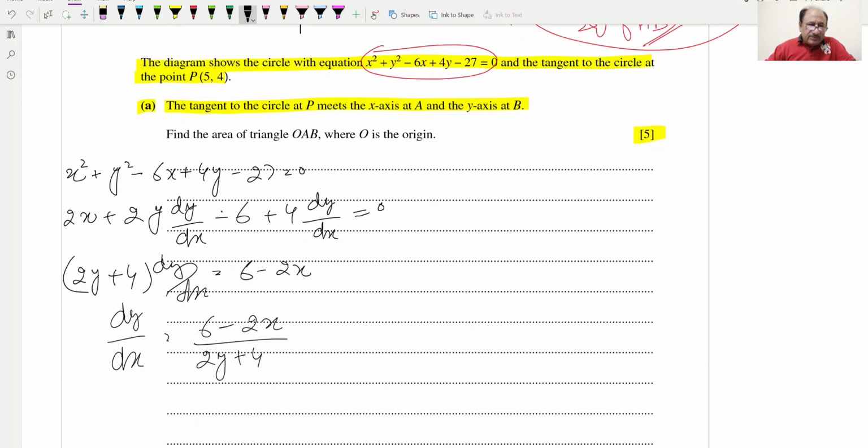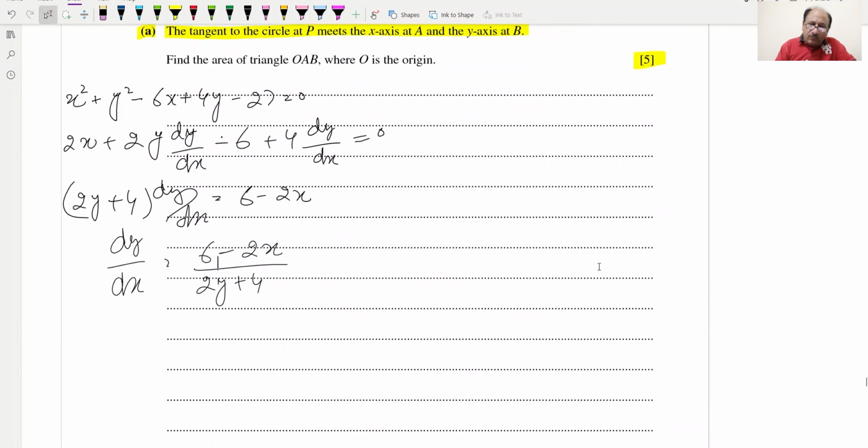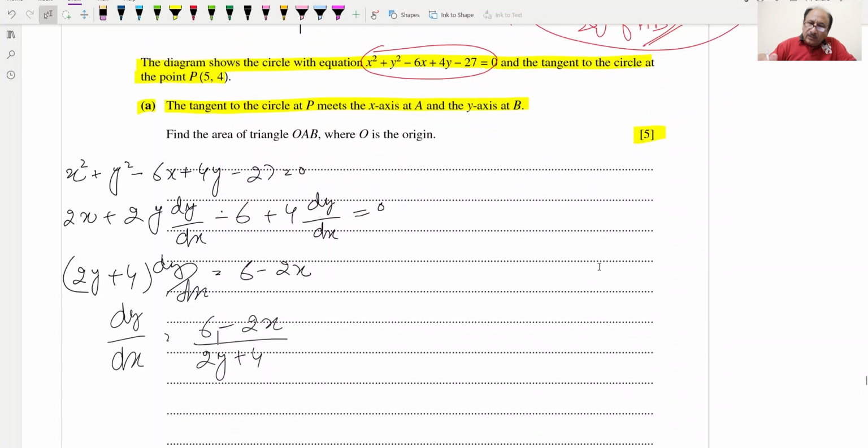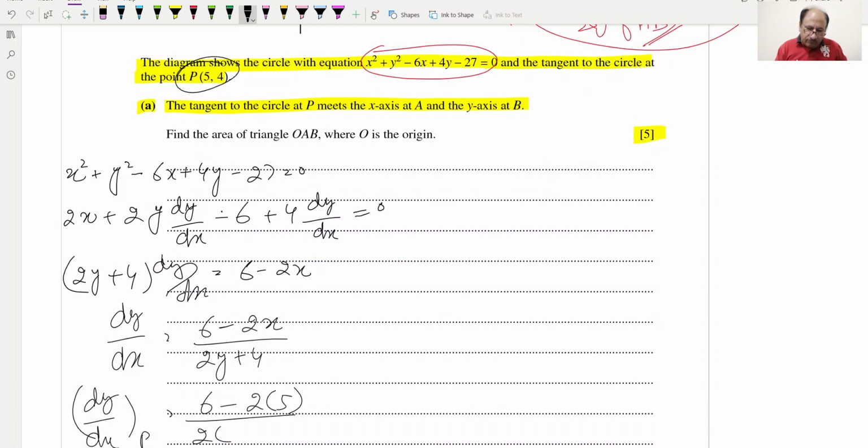Now dy by dx at (5, 4), which is the given point P. So dy by dx at P will be equal to, replacing the x value, 6 minus 2 into 5 over 2 into 4 plus 4.